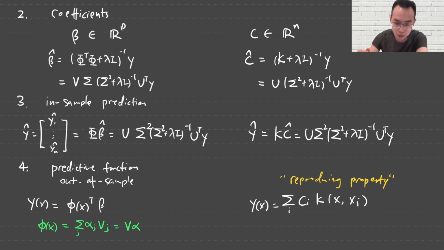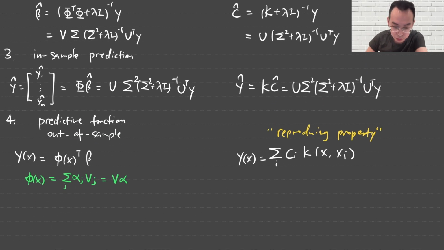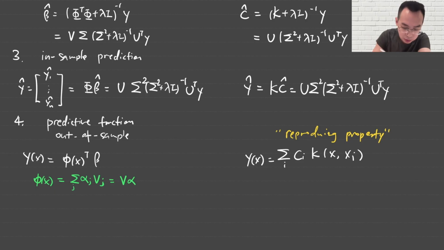Then we use the SVD formula, the closed form for beta hat, to see what that leads us to. That equals alpha transpose V, and then we plug in the closed form for beta hat. Let me call this y hat of x.